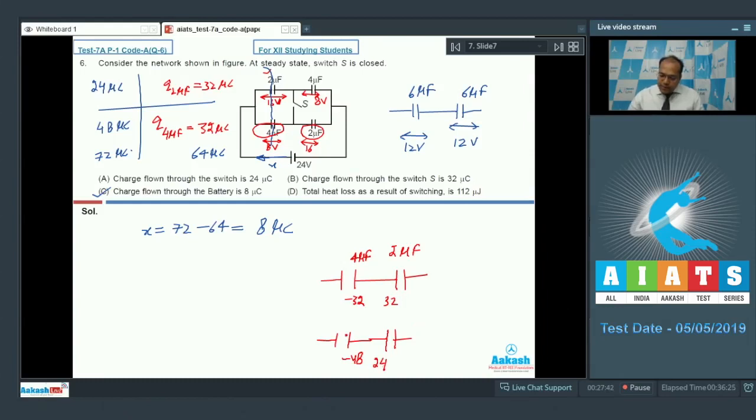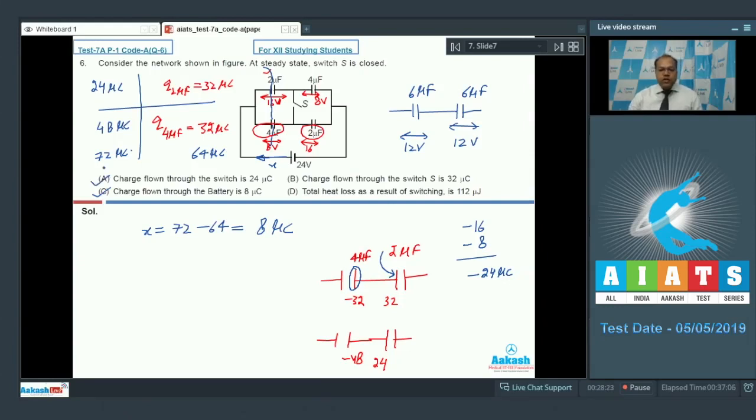So the additional charge which comes to this plate is minus 16, as well as the additional charge which comes to this plate is minus 8. So that finally becomes 24. So the total charge which comes to this section is minus 24 microcoulomb, or we can say that the charge flown through the switch is 24 microcoulomb. So option A is correct and B is wrong.